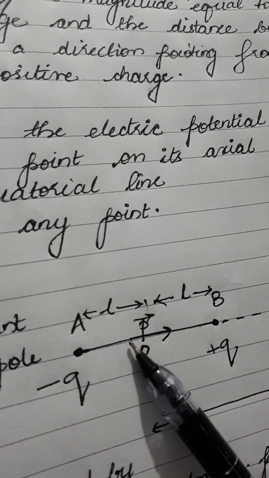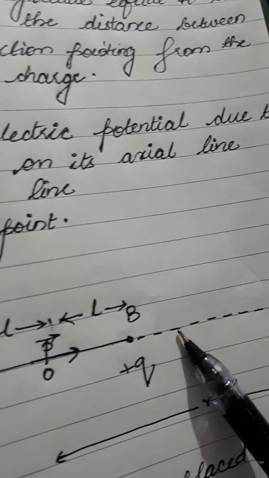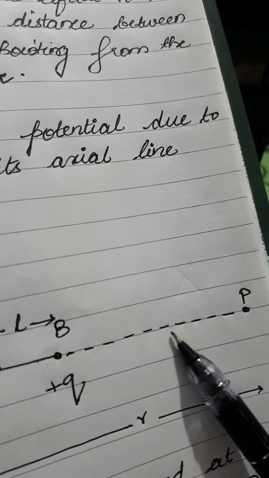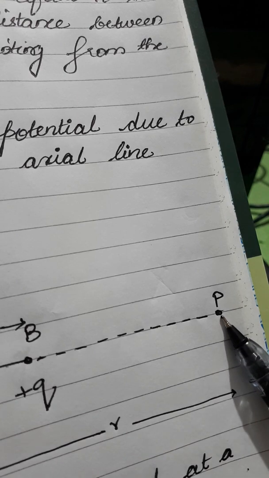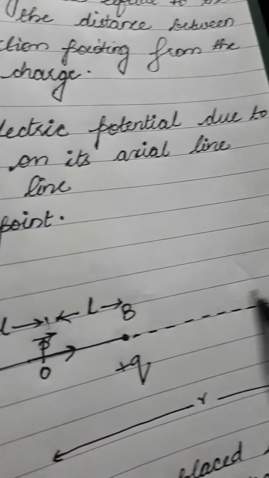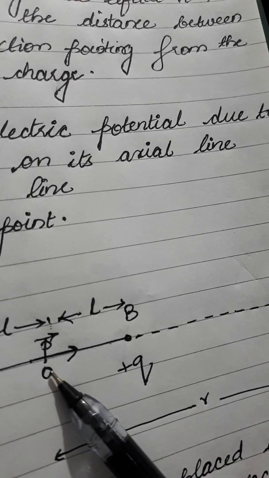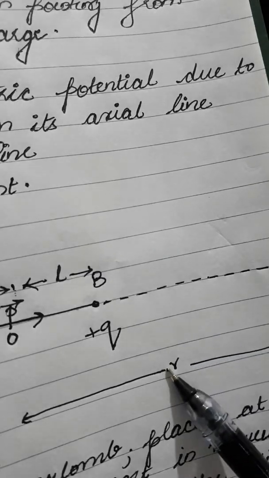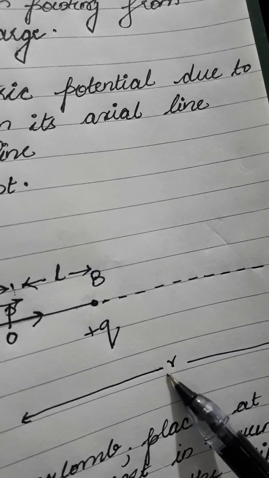First case will be if we consider a point P on the axis, that same line joining with a point P far away from it, such that the distance from the midpoint to that point P is given by the letter small r.